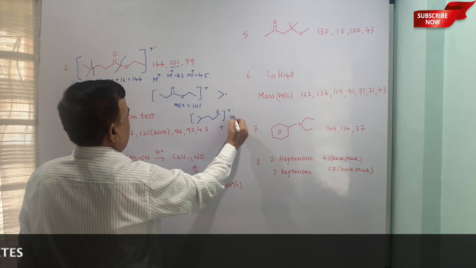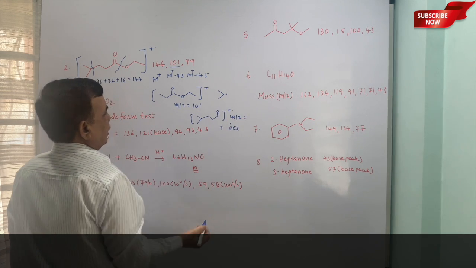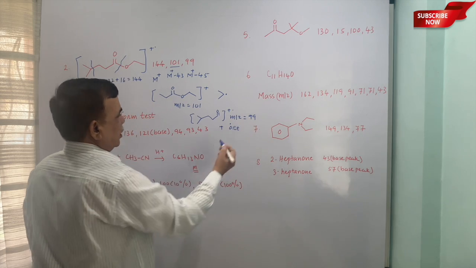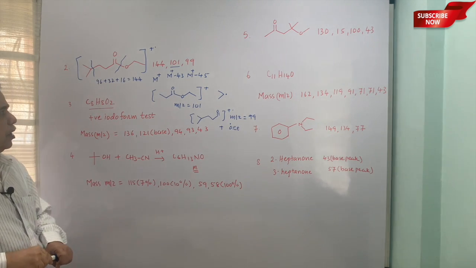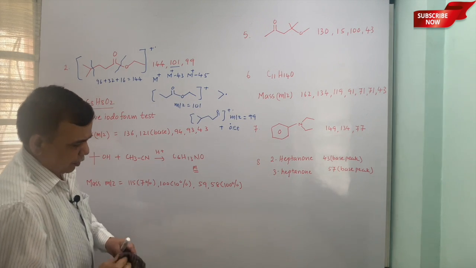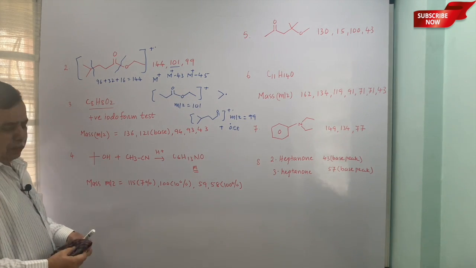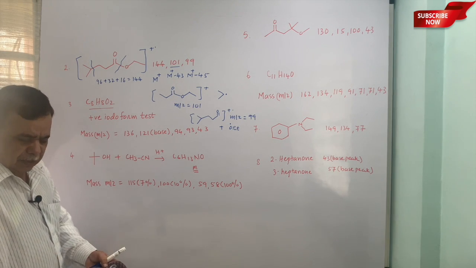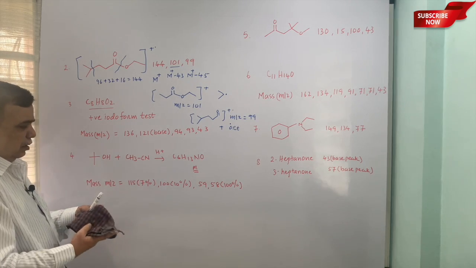So M by Z of this entity is 99. You can count, no problem, because we have to calculate the cumulative atomic masses of the atoms which are forming the fragments, that's all.